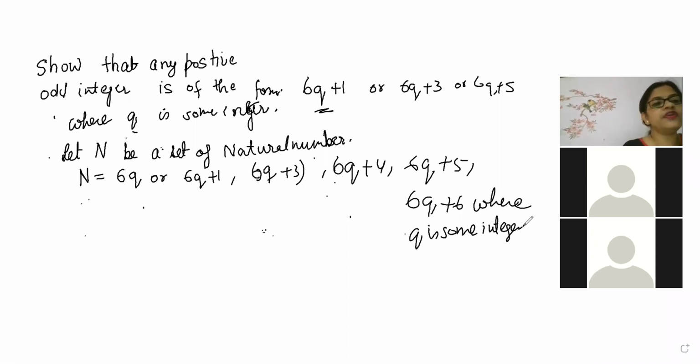Now, beta, we know odd number multiplied by even.